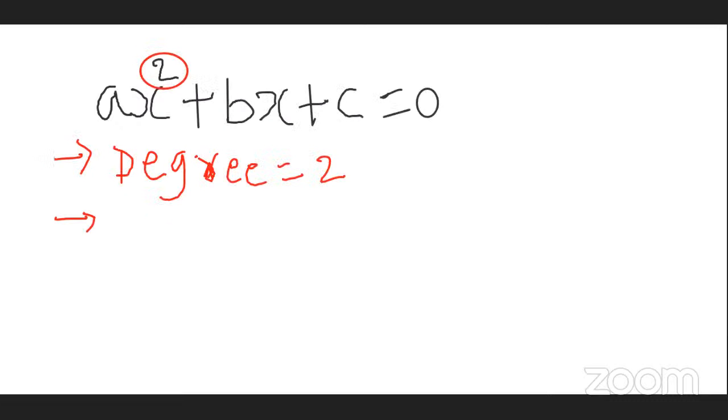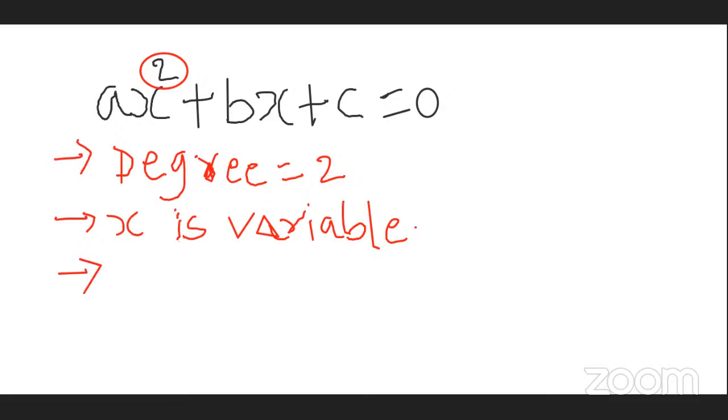No, before that, x is a variable. x is a variable, right? x is a variable. a, b, c are real numbers.